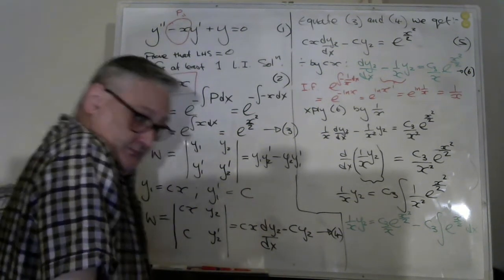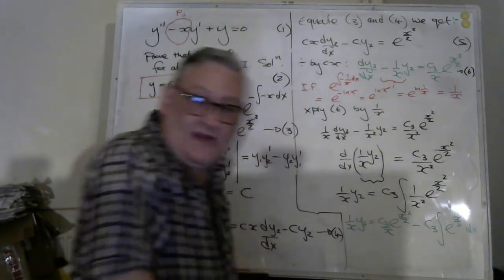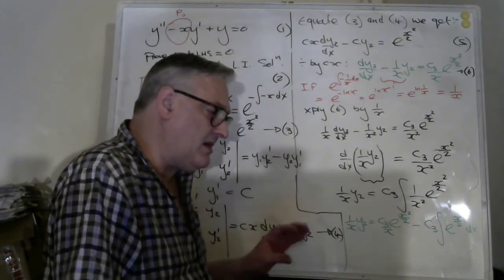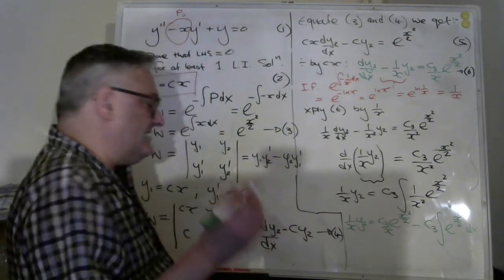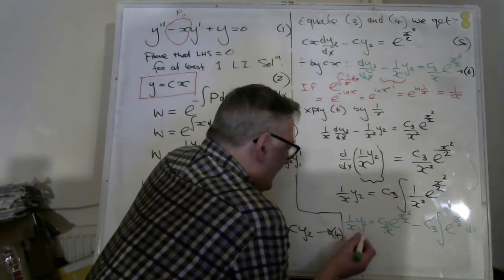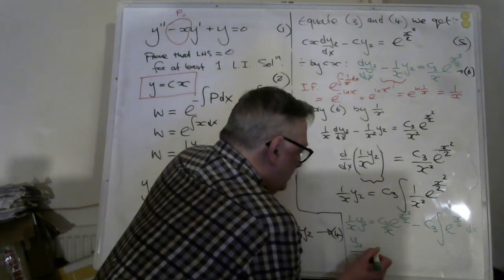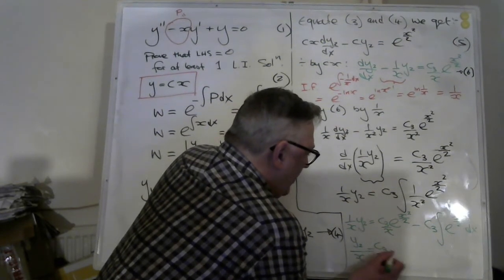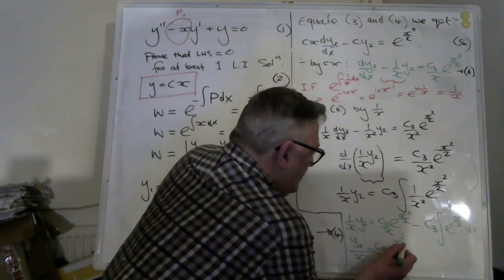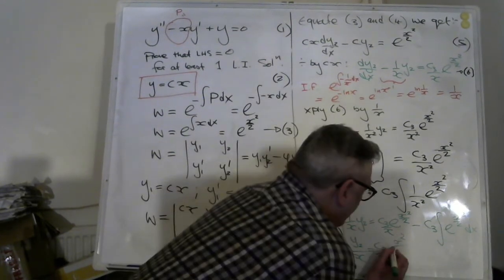Now, what the integral of e to the x squared over 2 actually is the following, and I'll write this whole equation out. I'm just going to write that as y2 over x equals c3 over x e to the x squared over 2.